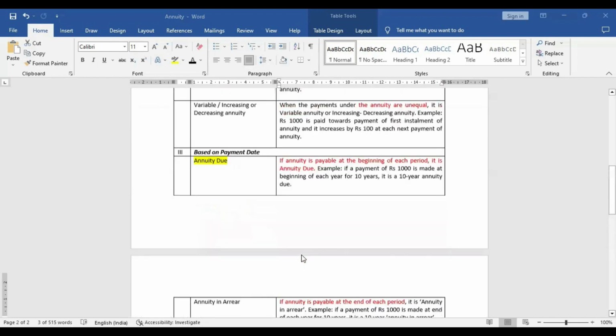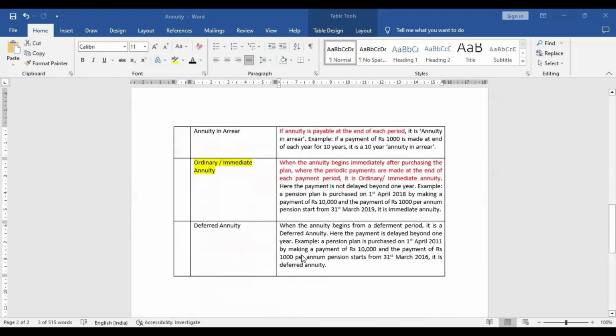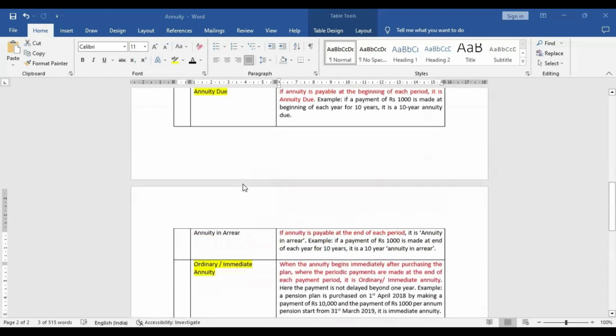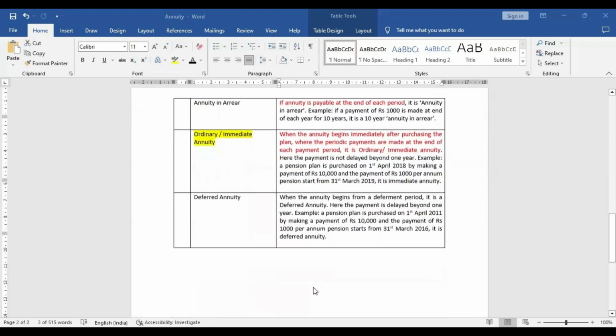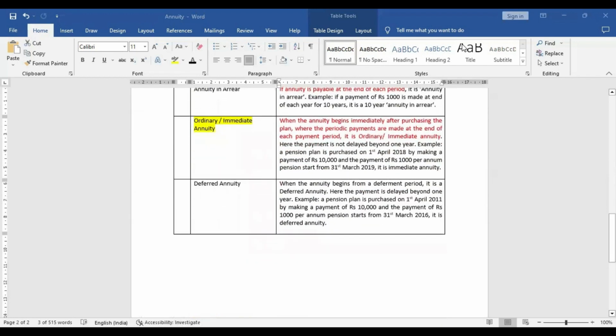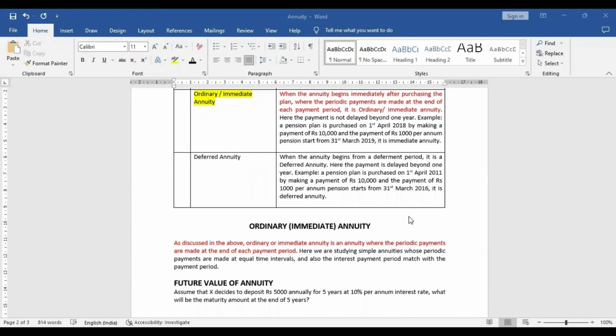Here, the most important aspect that we have to take up is the ordinary annuity and annuity due. These two concepts we are supposed to take up in detail. The two types of annuities: ordinary, where the payments are made or received at the end of each period.